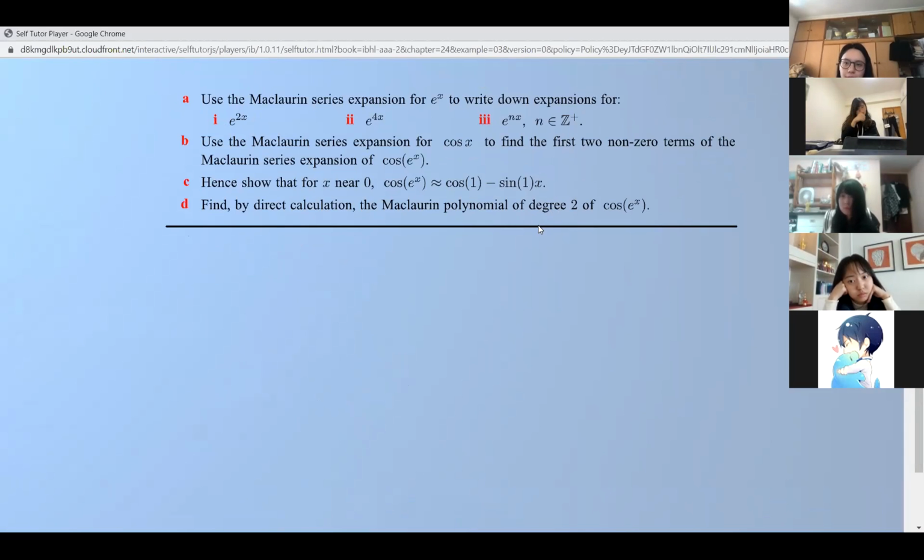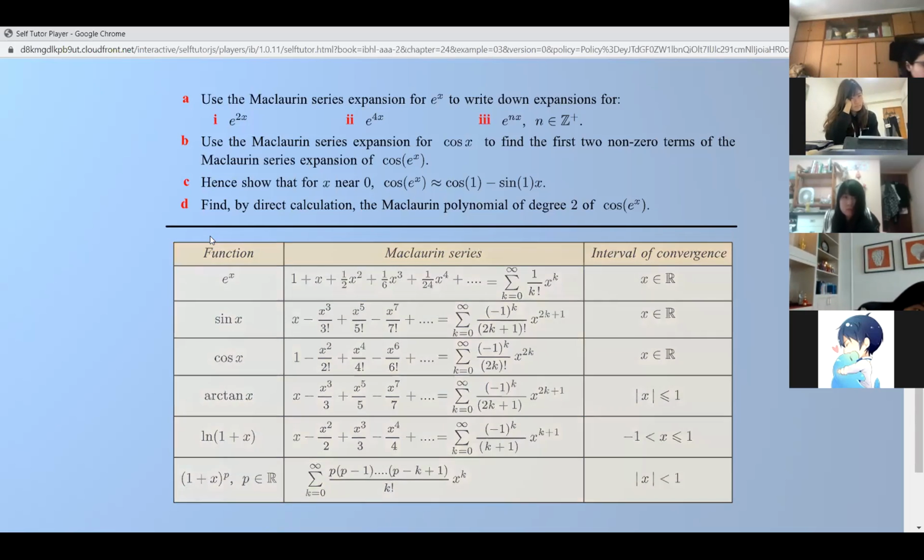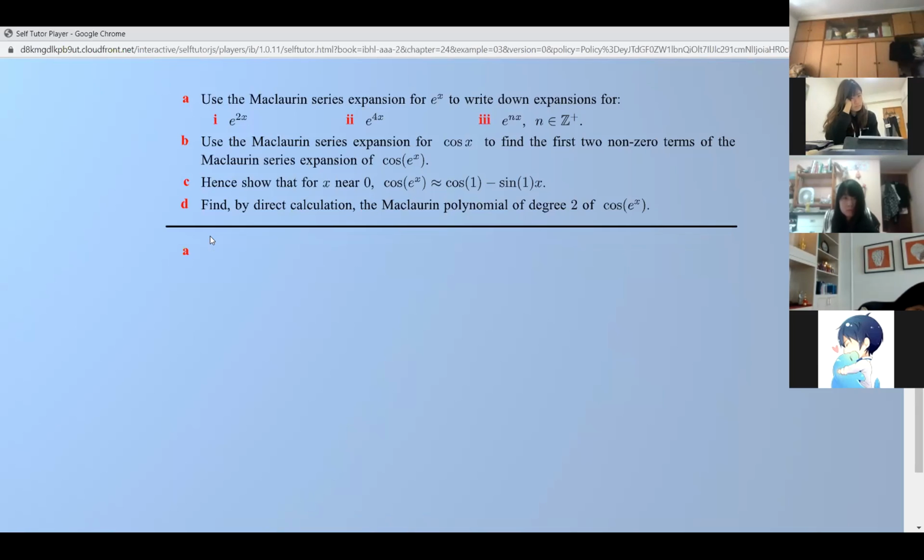In this another example, we demonstrate the use of composite functions with Maclaurin series to generate further Maclaurin series representations. We will make use of a list of common Maclaurin series. In part A, we begin with the Maclaurin series for e to the x.